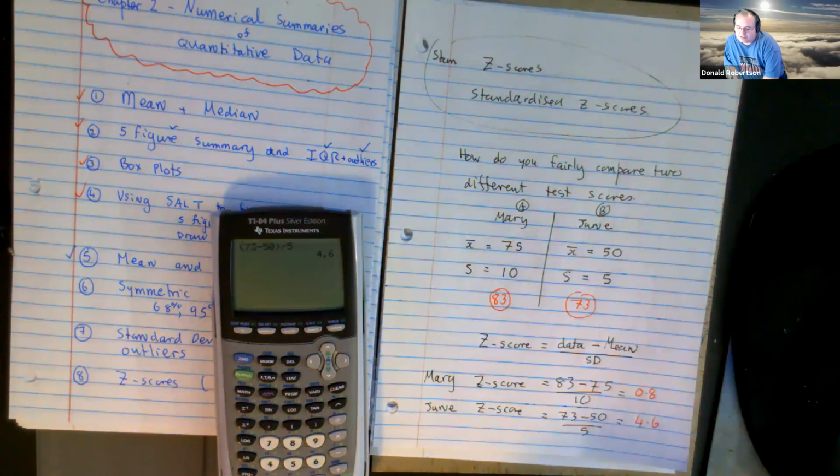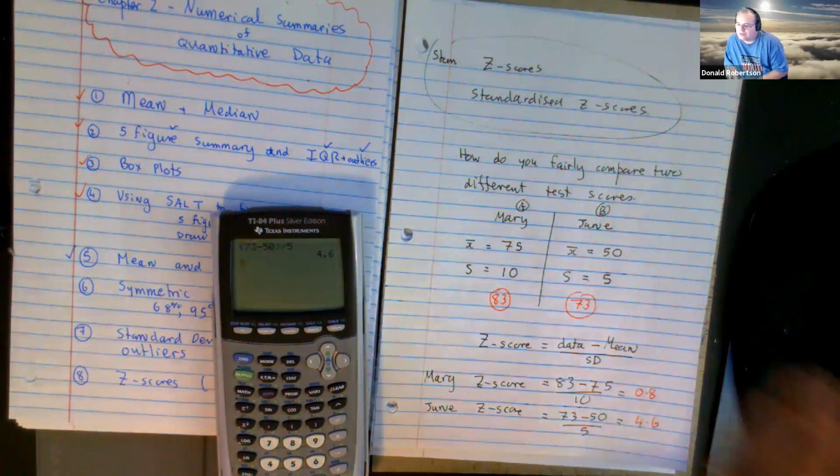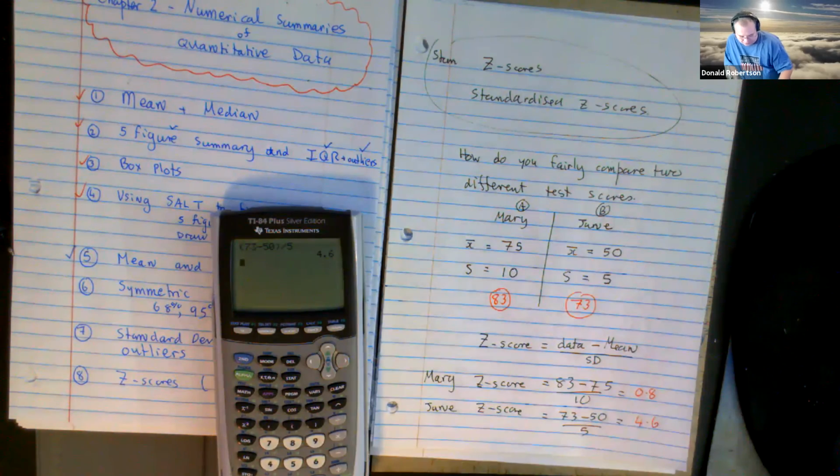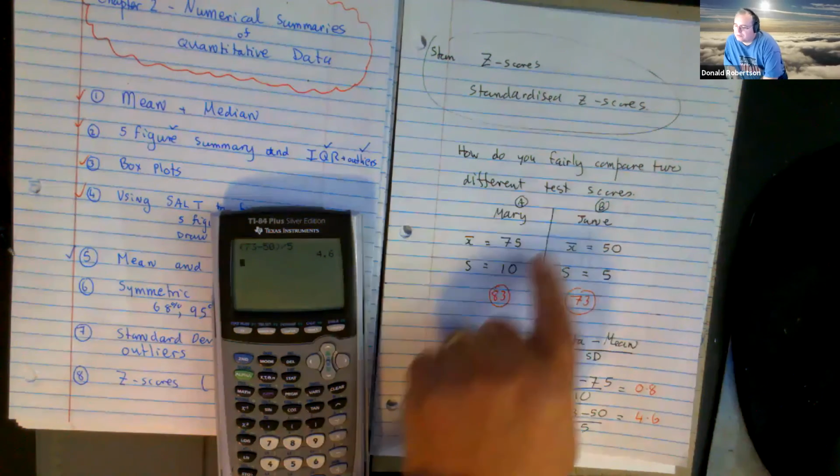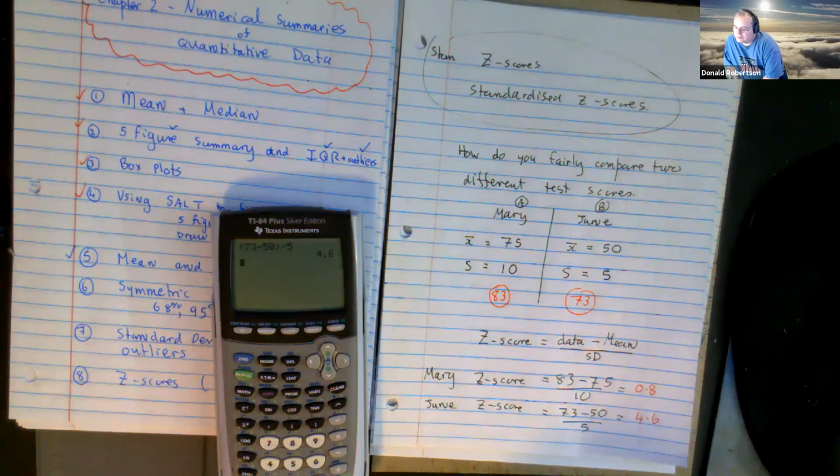Does that seem like a reasonably good, fair way of comparing 2 sets of data when the populations are quite different as they are here? Are we good? Do you like that one? Right.